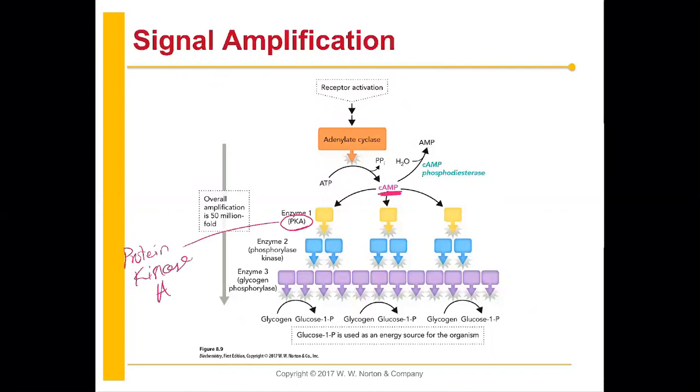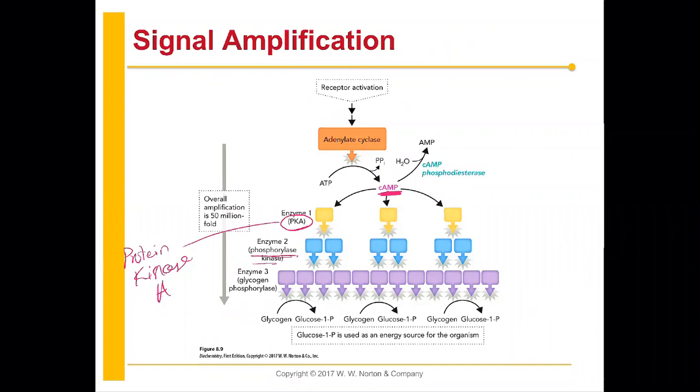It's a kinase. Yeah. So PKA is going to amplify our signal even more. It is going to phosphorylate a bunch of different targets. One of those targets is phosphorylase kinase. It is a kinase, it is not a phosphorylase, but it is a kinase.